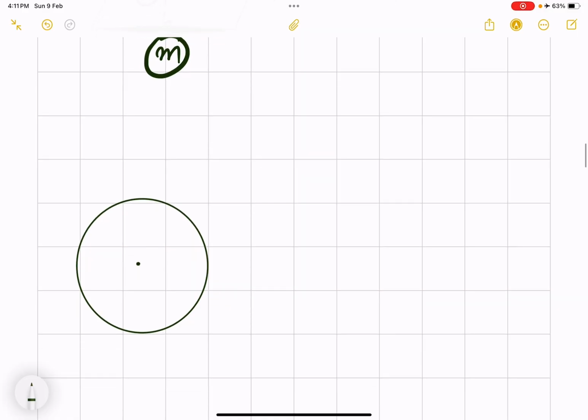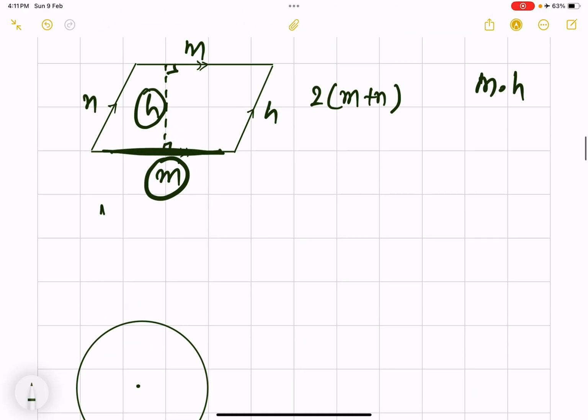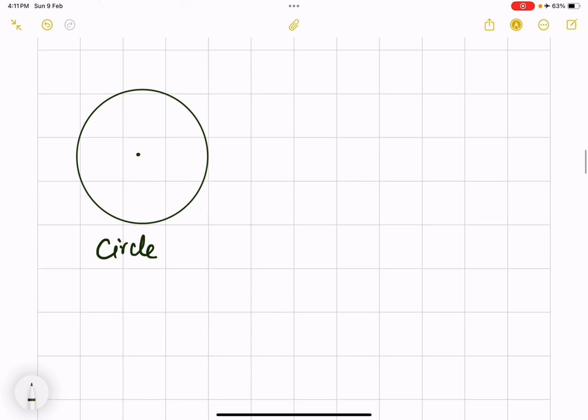And finally the circle. There is a length called the radius of the circle. We denote it by r. The perimeter of a circle is also called circumference. Circumference is calculated by twice pi times r.